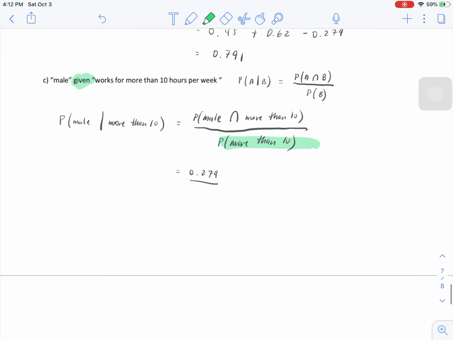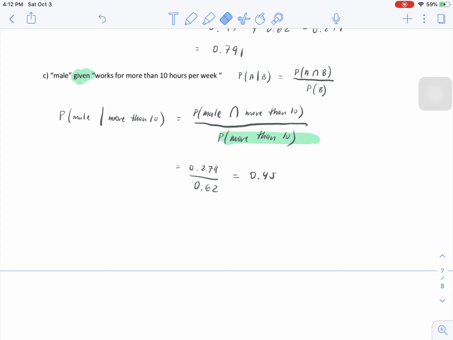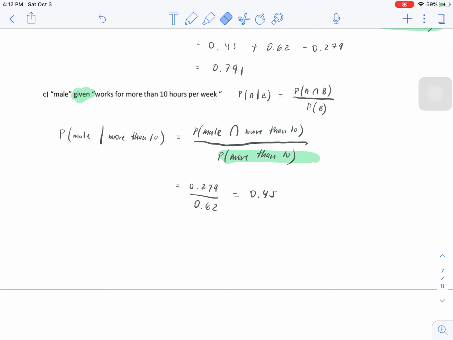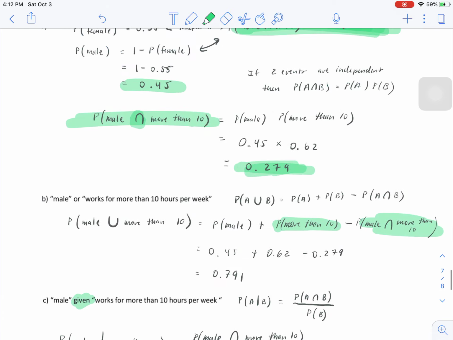That's 0.62. If I plug this into my calculator, 0.279 divided by 0.62 is about 0.45. So there's about a 45% chance that a random student is male given that they work more than 10 hours per week. In other words, among students who work more than 10 hours per week, there's about a 45% chance that a random student from them is male.